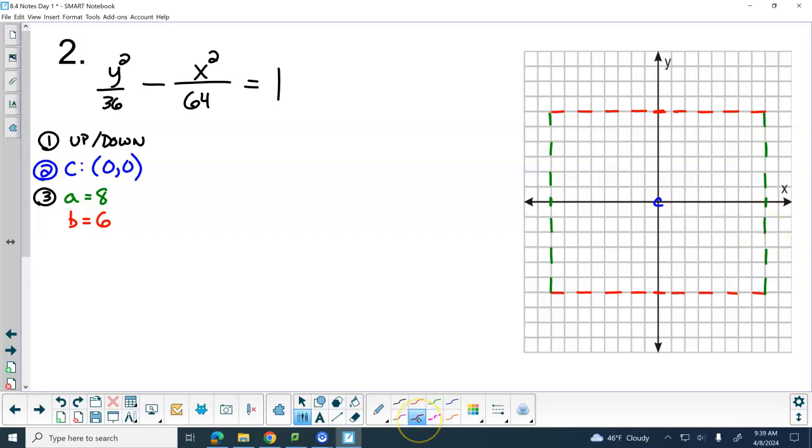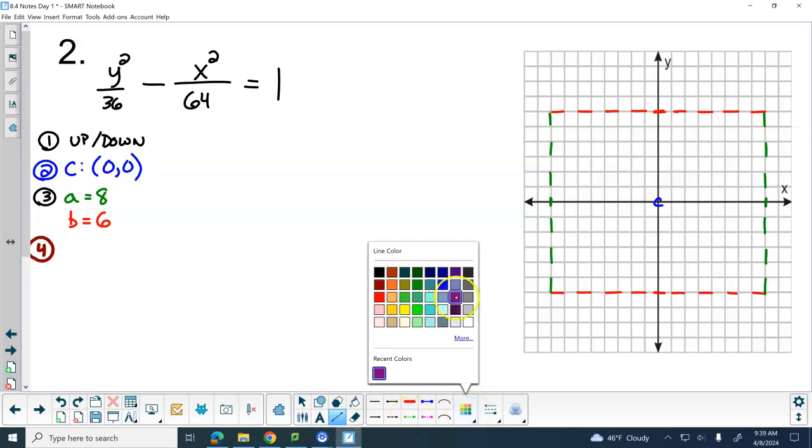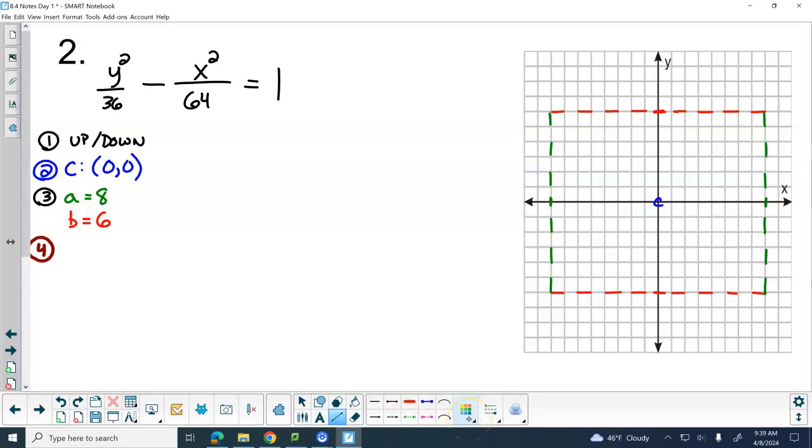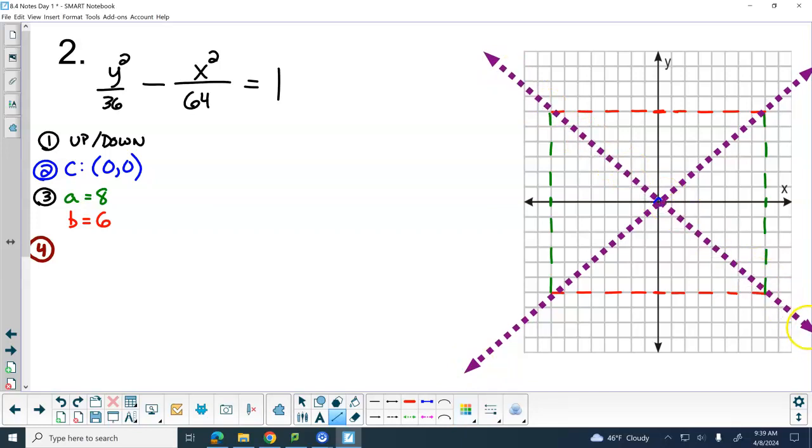Step number 4 was what? Diagonals. Then I got to come up with the equations of those.